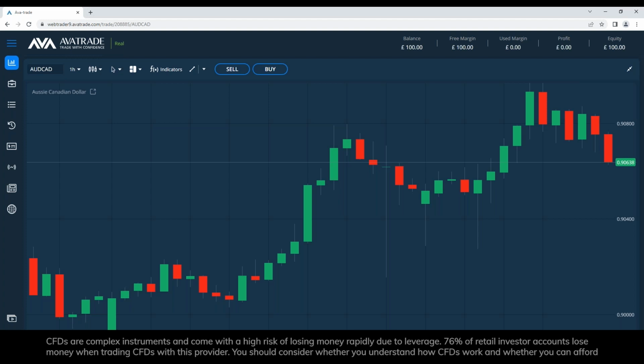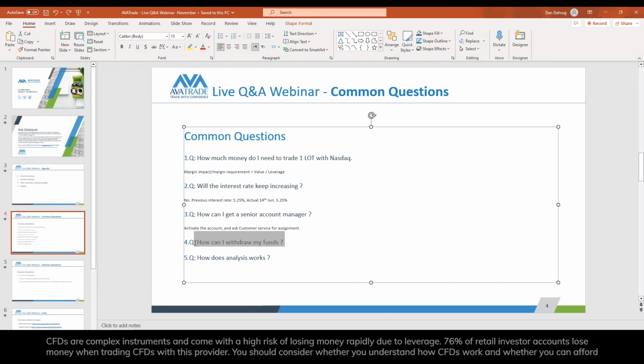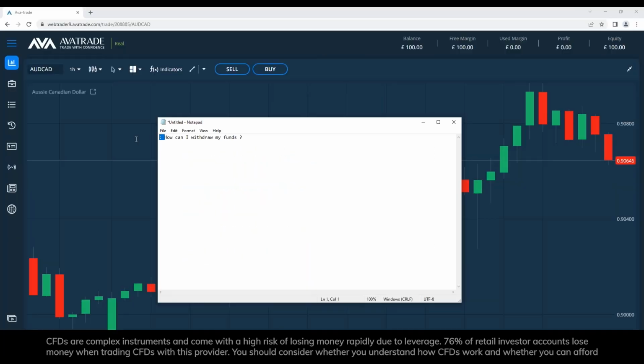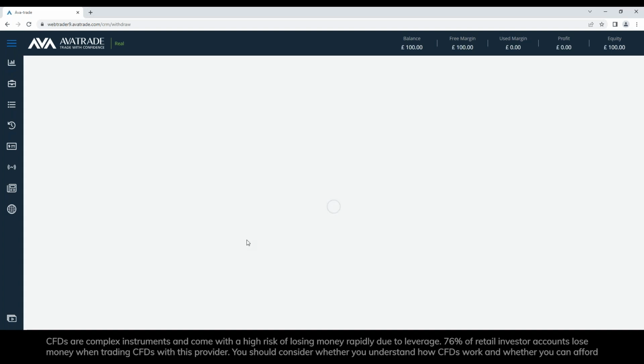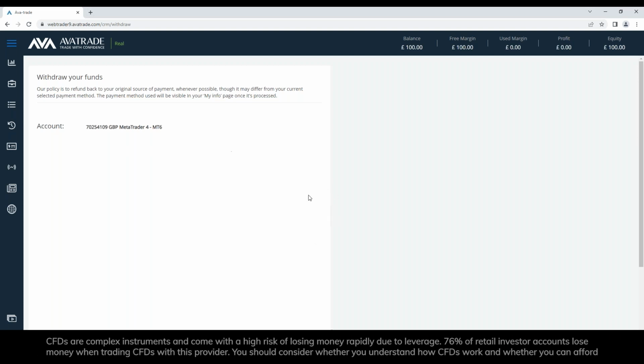Again, the question is how to withdraw. How can I withdraw my funds? So I'm going to click here on the 3 lines, then I'm going to click on withdraw. You've got to be patient with this page because sometimes it takes a moment or two until this spinning circle stops.